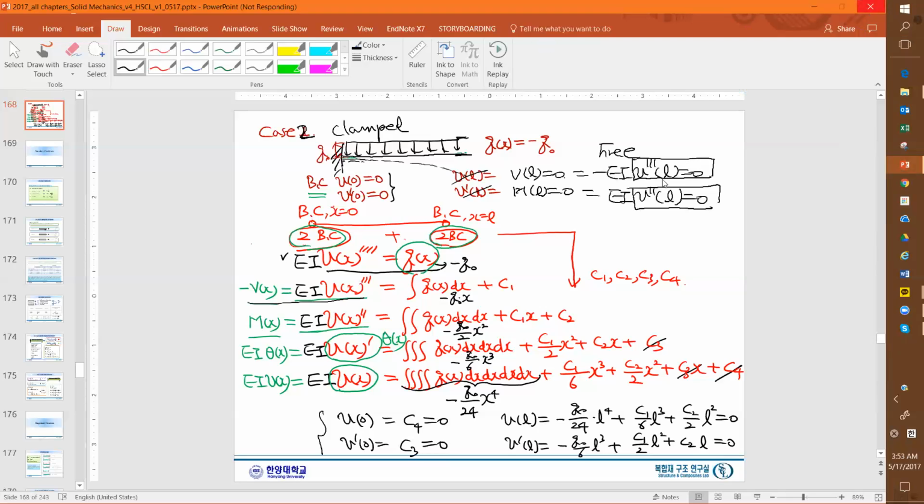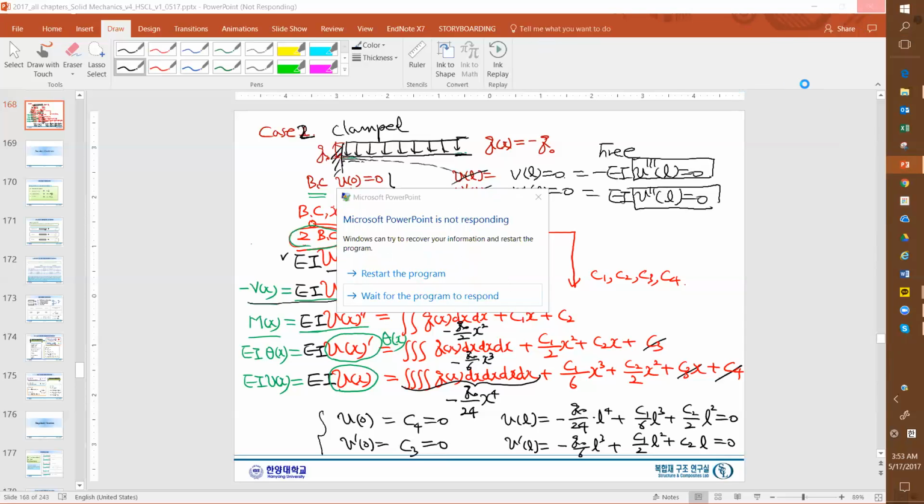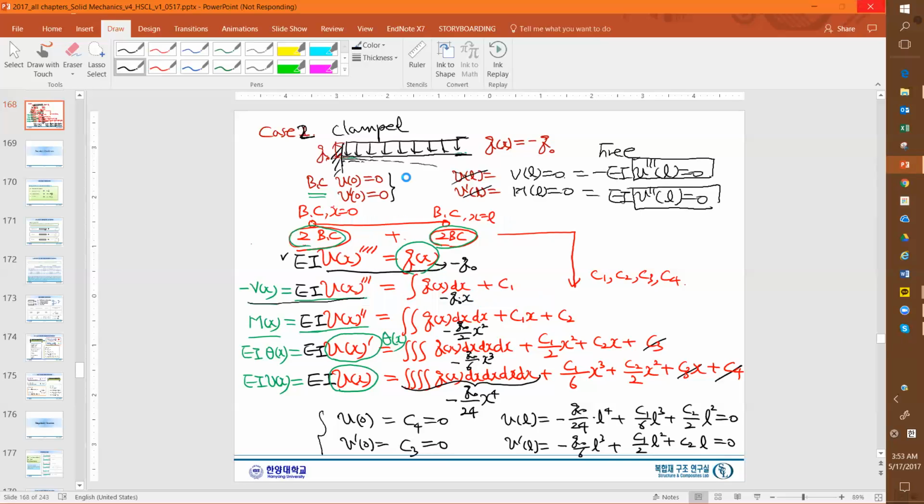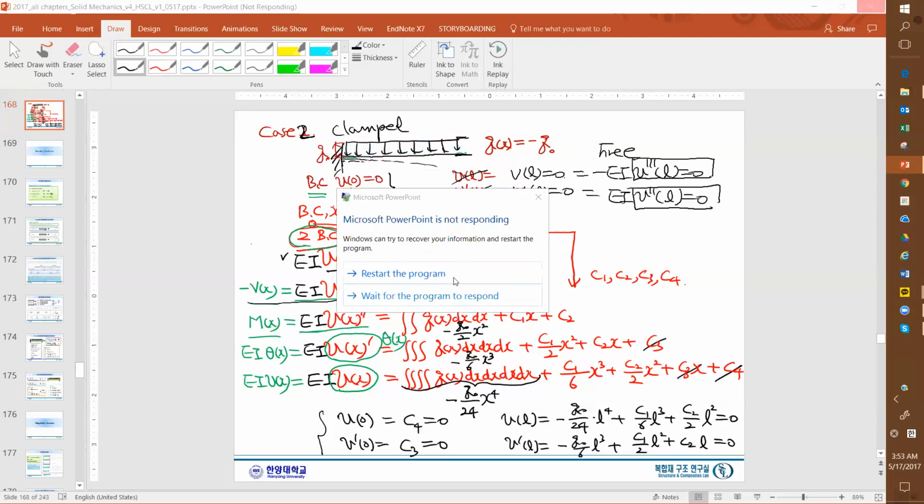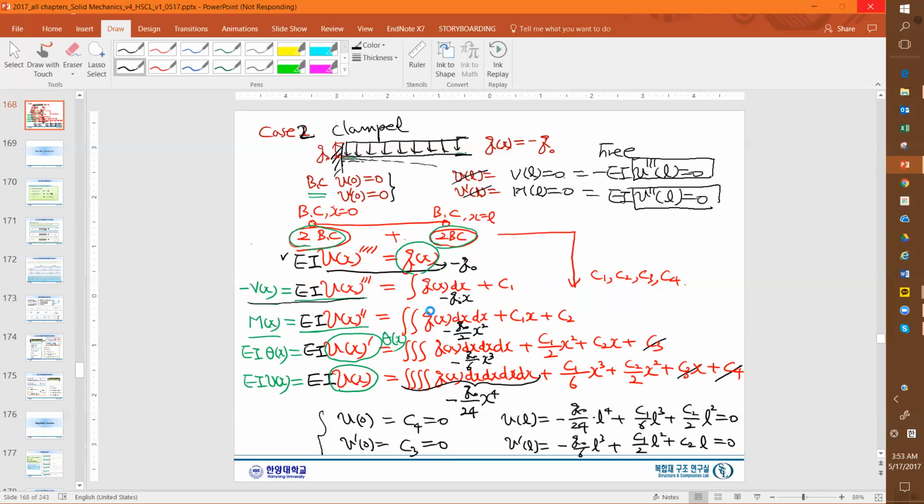Let's try to close one more time and then reopen. Other than this constant, I mean, not boundary, the distributed load can also be a function of x.